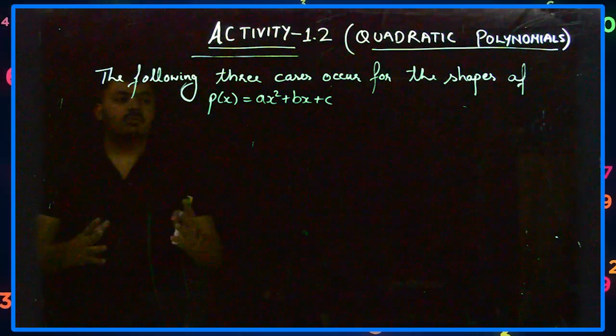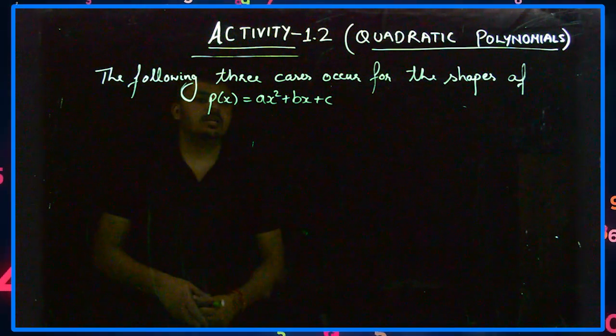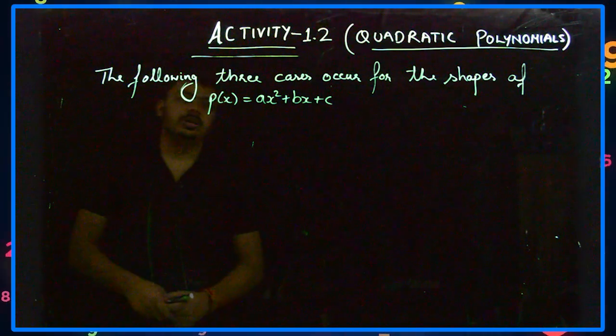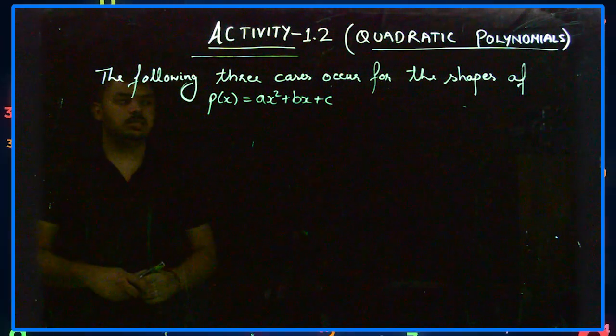So students, the following three cases can occur for the shapes of the quadratic polynomial ax square plus bx plus c.